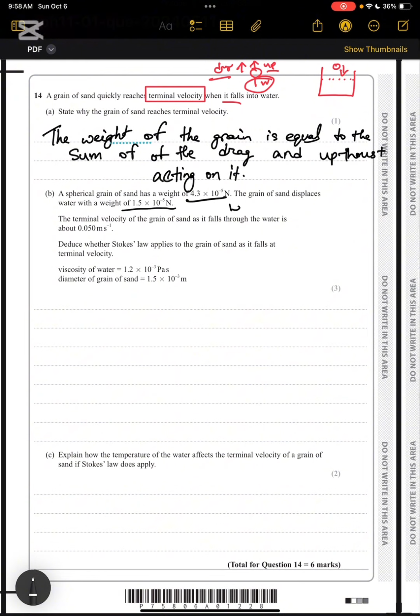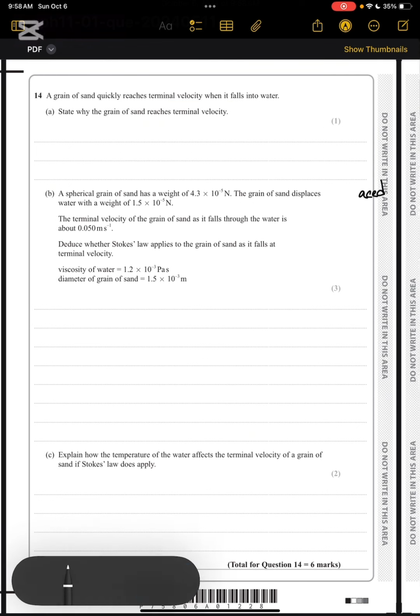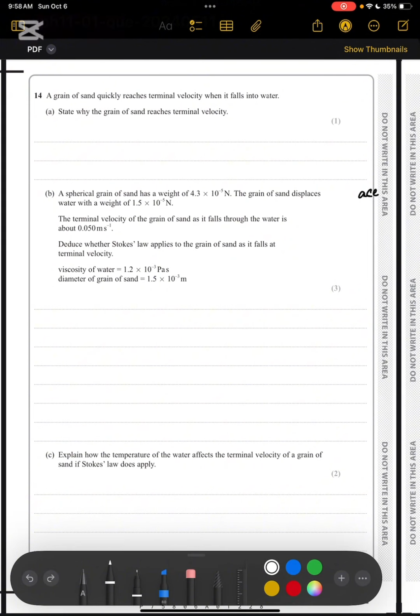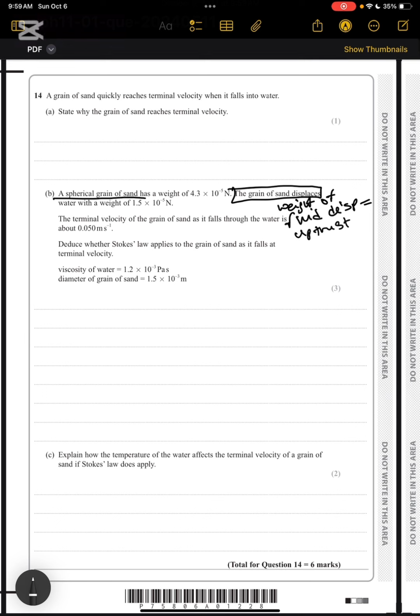So we know weight of fluid displaced is equal to upthrust, right? So we can say this part is our upthrust and this is our weight.